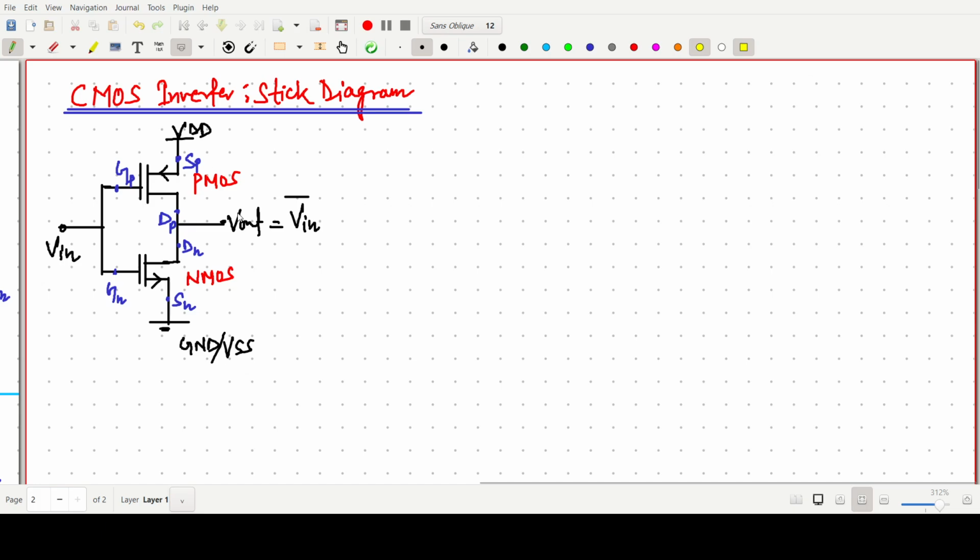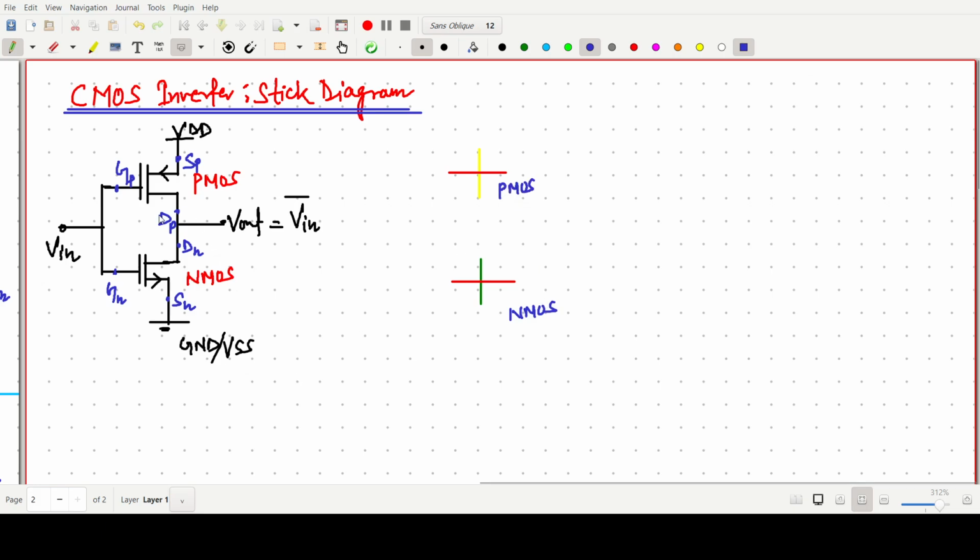So PMOS with a yellow line, and one red color, which is simply the polysilicon line. Now this one is our PMOS. See how I am doing. Similarly for the NMOS, there will be a green line as N plus and one polysilicon. So this one is our NMOS. At the end I will show how to make it, but first PMOS.